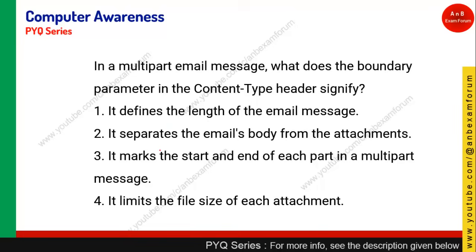Obviously, if there are multiple parts in the email, the content type signifies the start and end of each part. So option 3 looks to be valid. Yes, it is the right answer. If you're not sure about such questions, you should ignore them and never take a risk of attempting them.